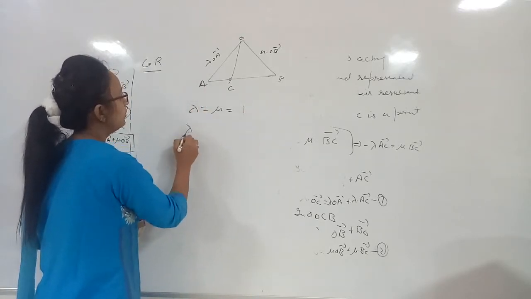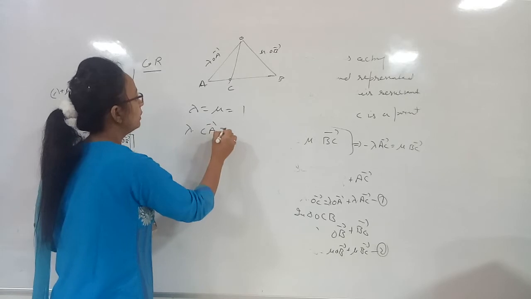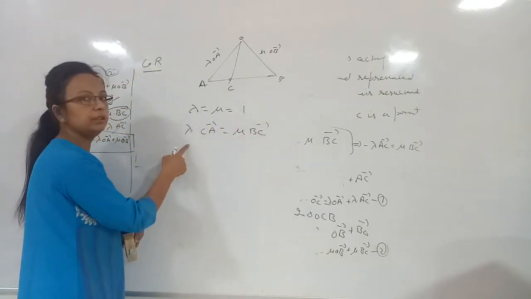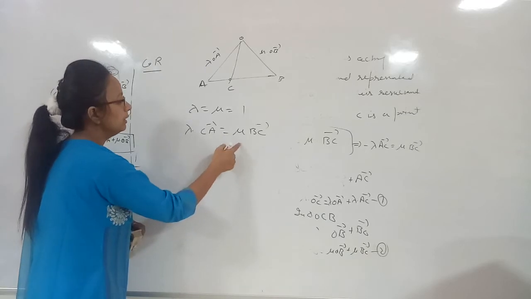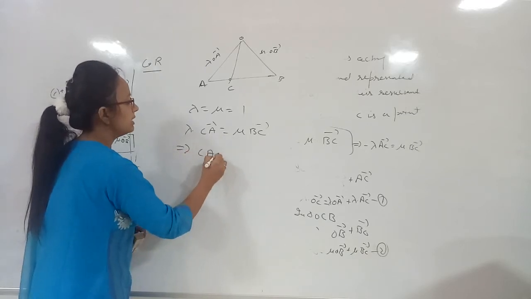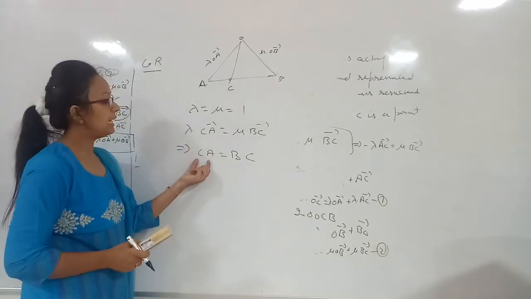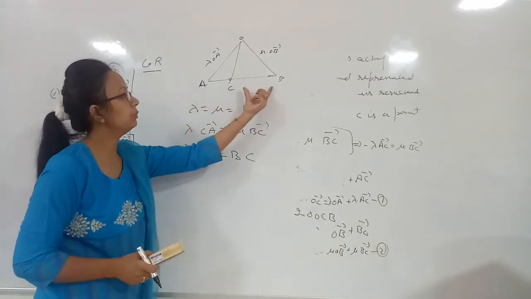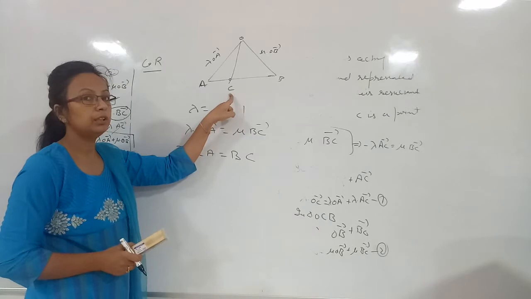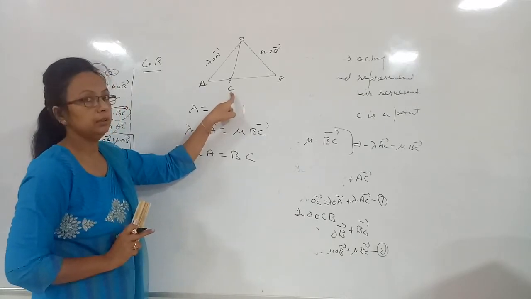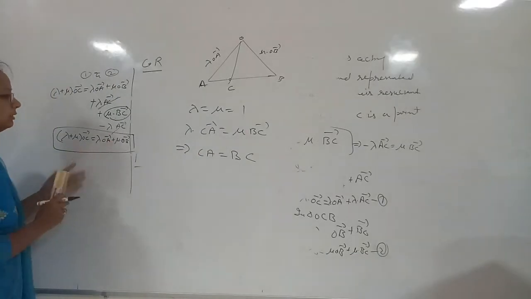Here the result was lambda into CA is equal to mu into BC. So if lambda and mu both are 1, then from here we have CA is equal to BC. So we can say C is the middle point, because AC is equal to BC.